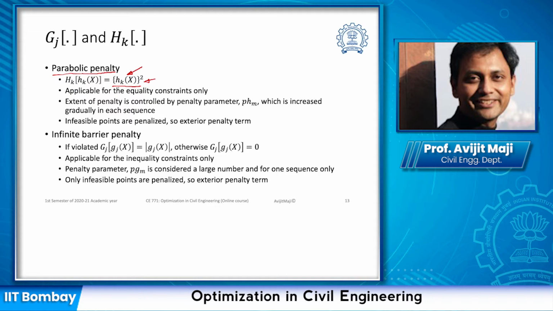This function is applicable for the equality constraint, as I said, and the extent to which it is going to be added or subtracted from the objective function, depending on the problem being maximization or minimization, will depend on the penalty parameter we are going to use.